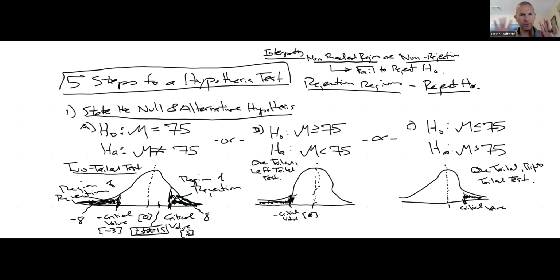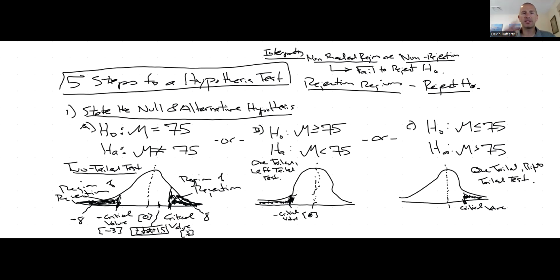So this is sort of a little break here. I just want you to know I was introducing 1 and 2 sample hypothesis tests here, but now I'm going to be exclusively focusing on 1 sample hypothesis test unless I state otherwise. So again, the 5 steps are always the same, right? Step 1, state the null and the alternative.